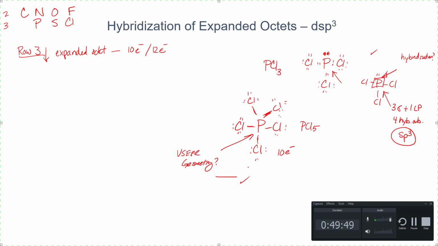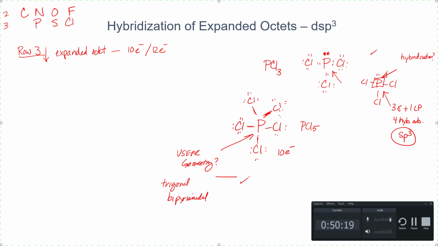Okay, hopefully you said that because it has 5 sets of electrons around the phosphorus, it would be trigonal bipyramidal.